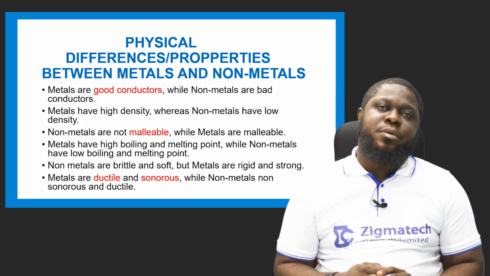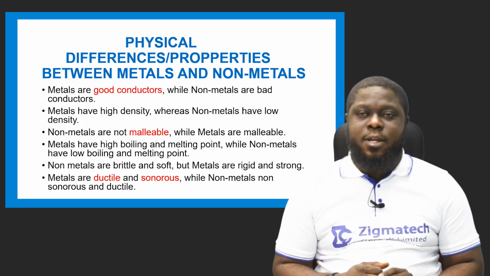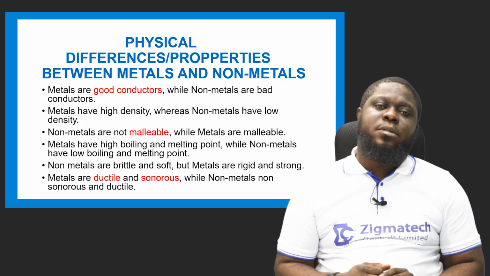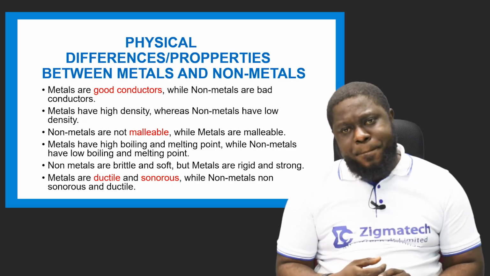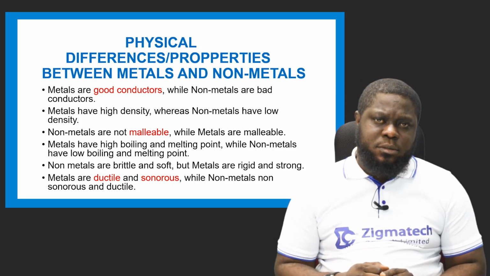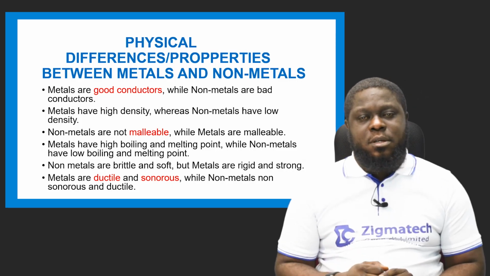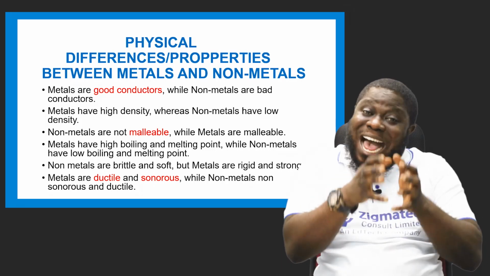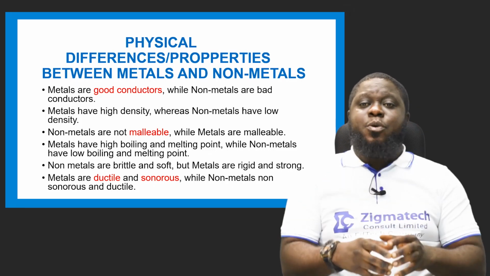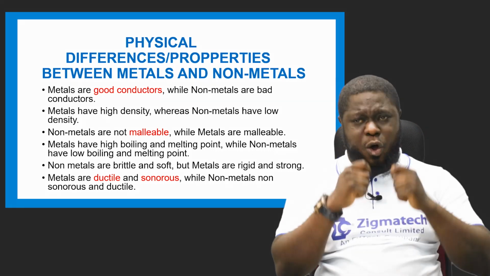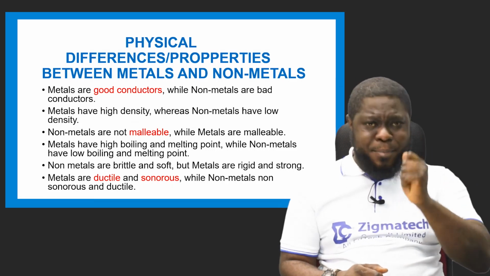Take, for example, you went to the market and you bought beans. Beans is very hard. Now, that beans that is very hard, if you boil the beans, you see that for the beans to be soft, it must have a high boiling point.